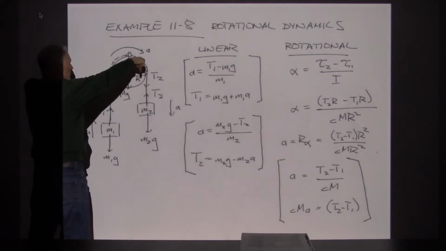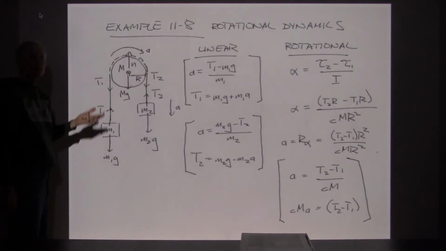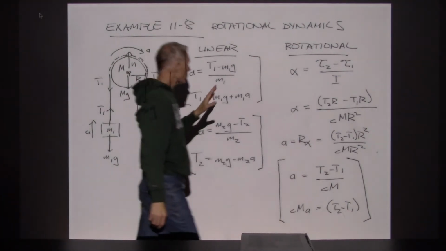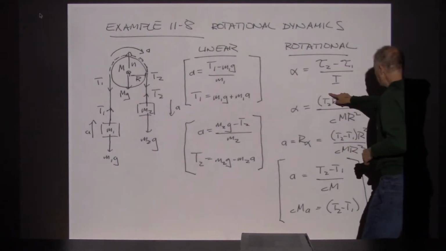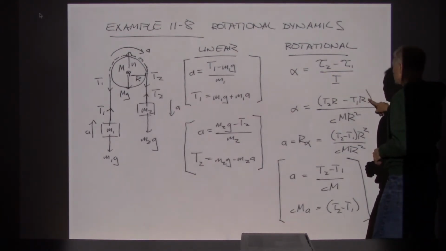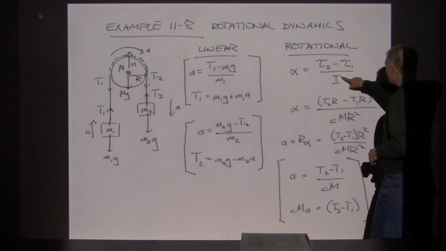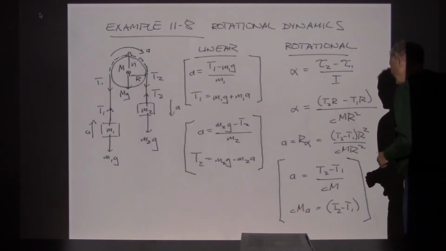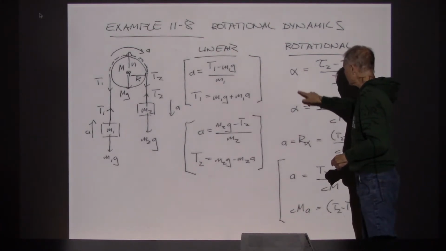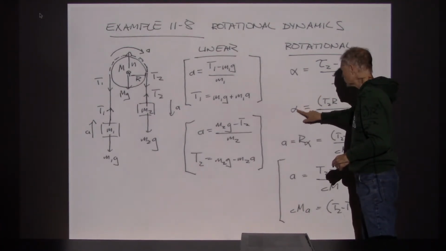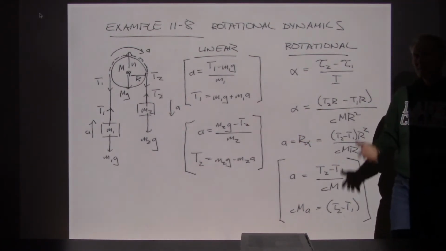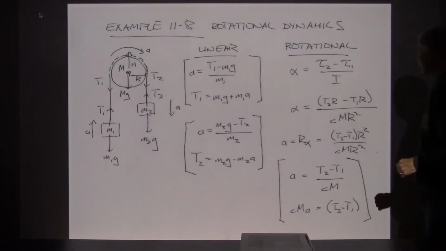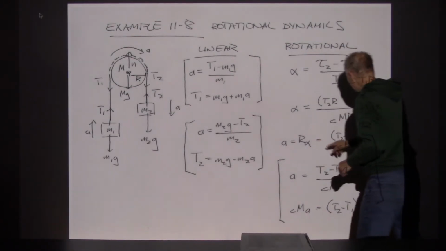So I've got two different tensions creating two different torques. And so the net torque is going to be T2 minus T1 times r. Now, I rewrote the rotational inertia as shape factor times m r squared, and then I'm going to take the rotational acceleration and replace that with a linear acceleration, and say this is r times alpha.